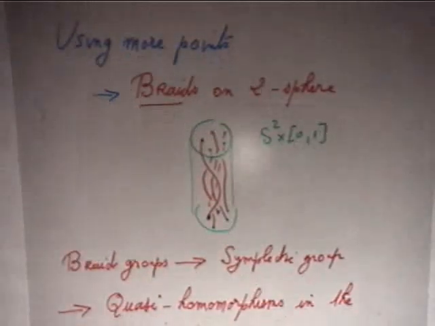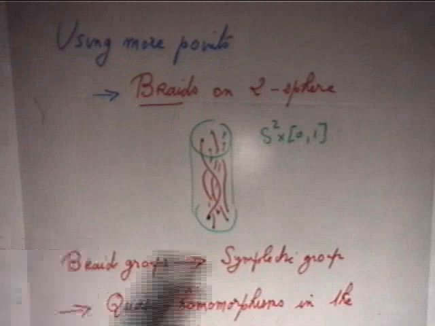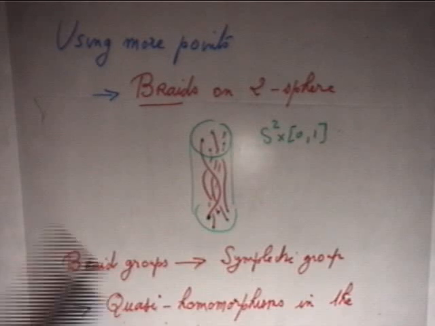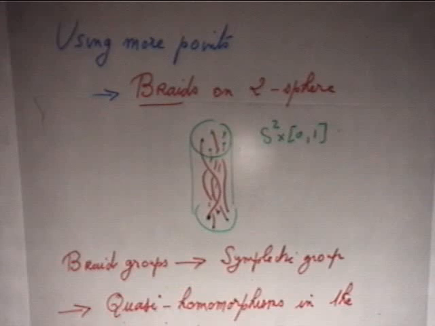And braids have a lot of invariants, in particular symplectic invariants. One can use, instead of the homotopy and the cross ratio, the Maslov class, and the Maslov class gives you another huge collection of examples of quasi-homomorphisms, and therefore a huge collection of topological invariants for the dynamics of diffeomorphisms of the sphere.